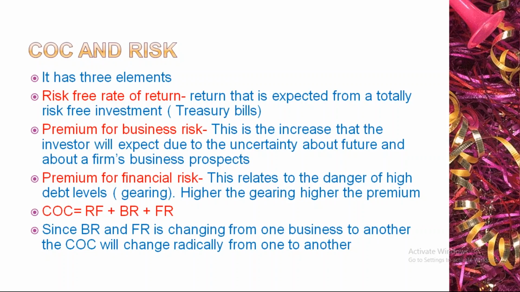So every company is interested in reducing the risk. They must try and reduce the business risk. They must try and reduce the financial risk. So sometimes the companies will want to have low gearing, because higher the gearing, your risk is going to go up, and that means you have to pay high cost of capital.